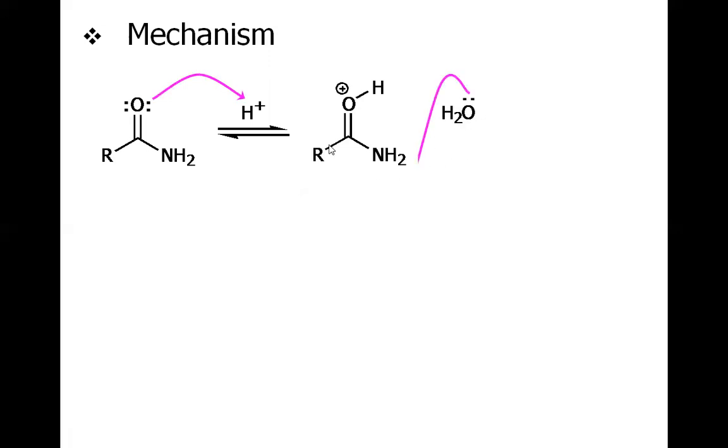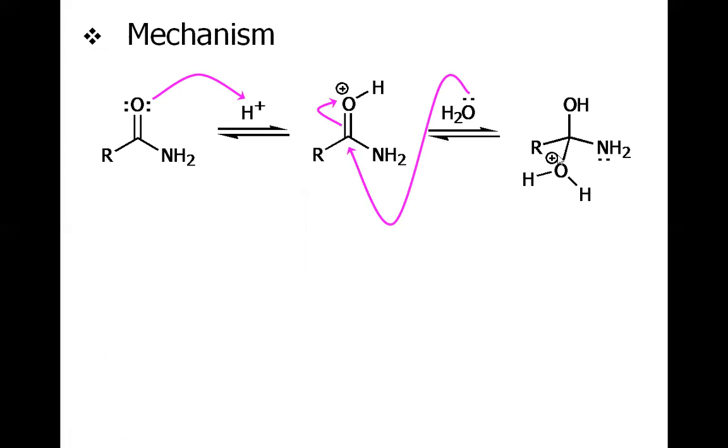Then the water will attack this carbonyl carbon, and we have this intermediate, and then there will be the proton shifting to have this intermediate, and then this NH3 group will leave the system because of the pushing of the electrons from this oxygen. And remember, the step of the proton shifting occurs because this NH2 group is going to be made a good leaving group.